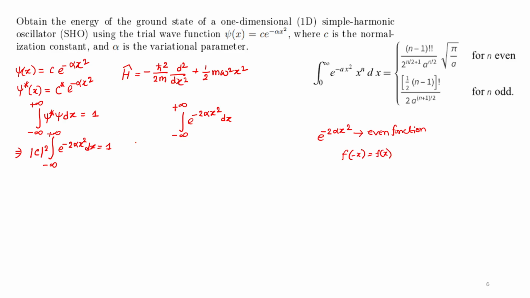So that is one thing, and you can obviously break it down, as these are all related to summation. Minus infinity to 0, e to the power minus 2 alpha x squared dx, plus 0 to infinity e to the power minus 2 alpha x squared.